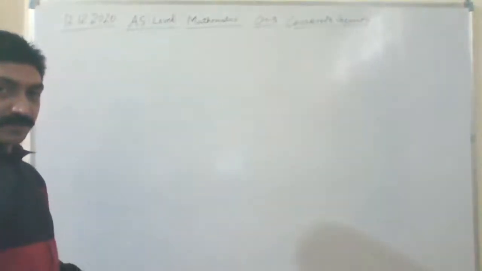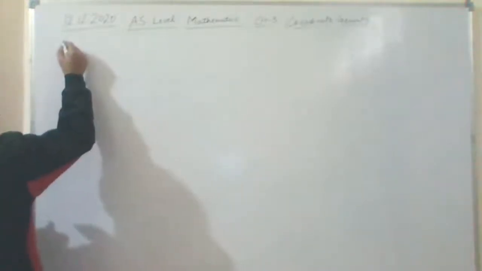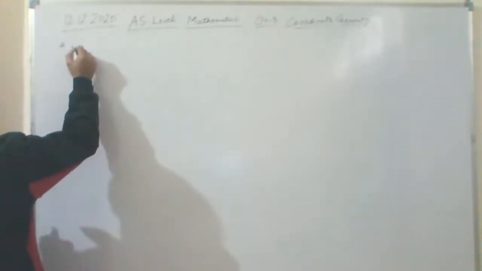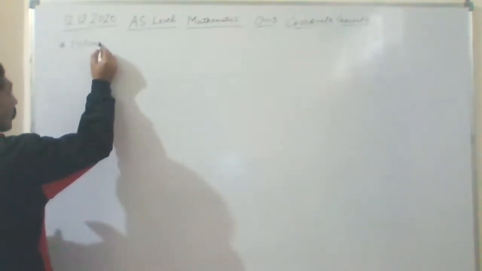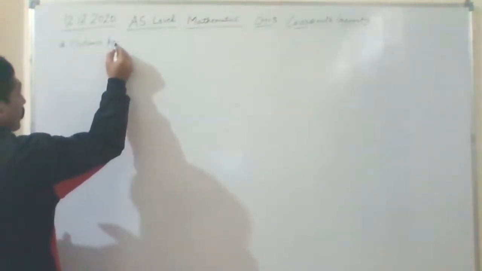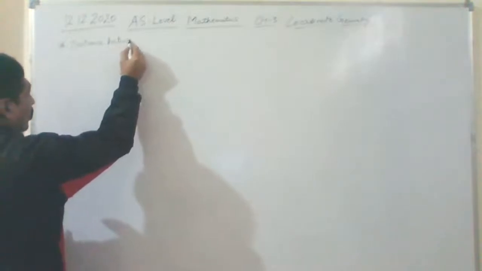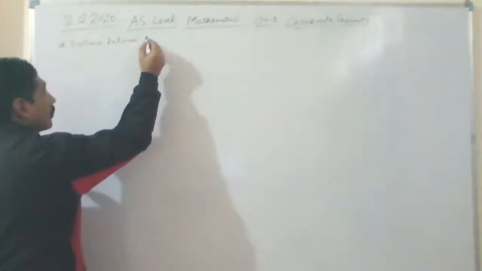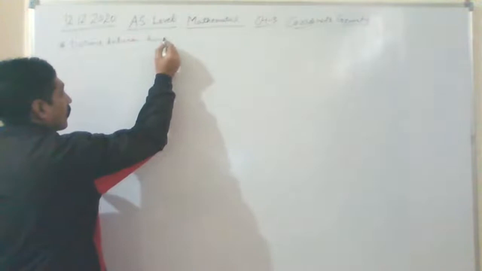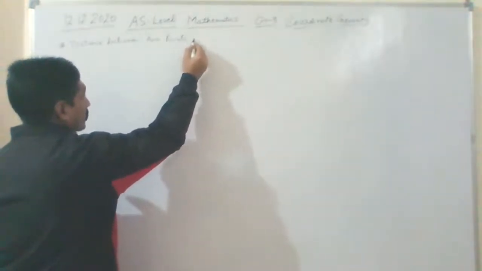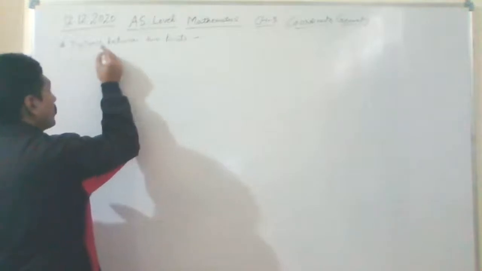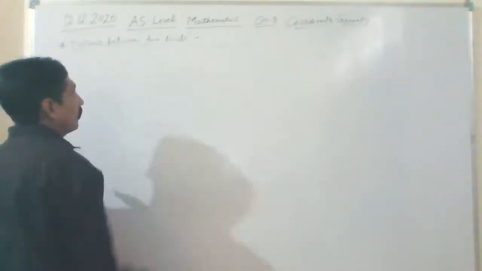The distance between 2 points is called the distance formula.